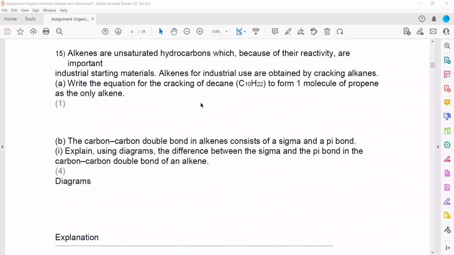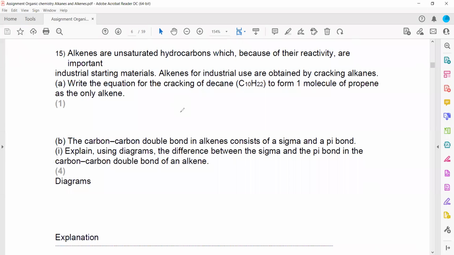Moving on to question 15. Alkenes are unsaturated hydrocarbons because of their relative reactivity. Industrial starting materials, alkenes for industry use, are obtained by cracking of alkanes. Write an equation for the cracking of decane to form one molecule of propene and only one alkene. So we want propene as the only alkene.